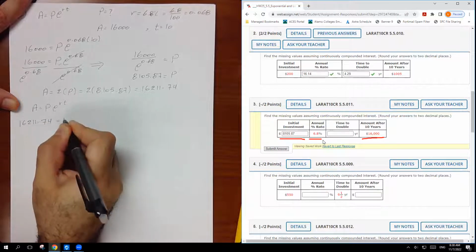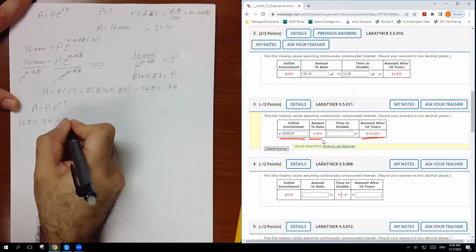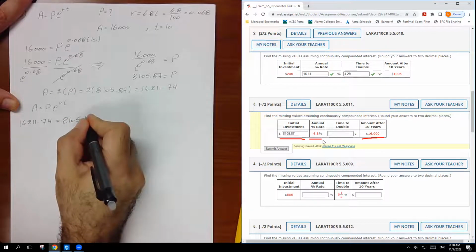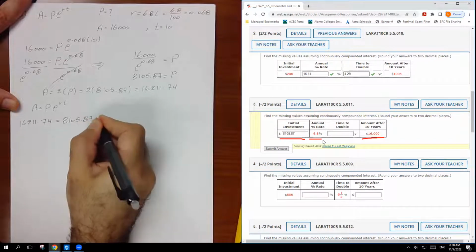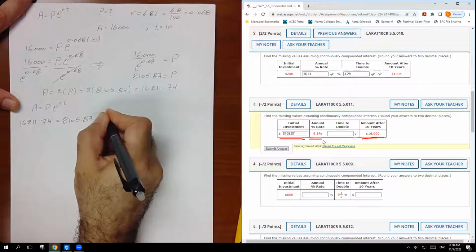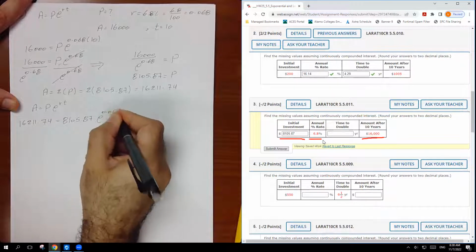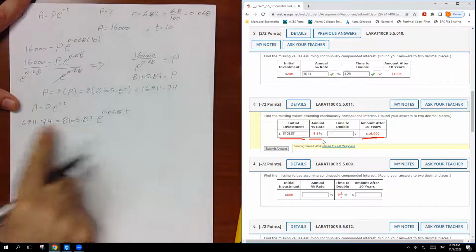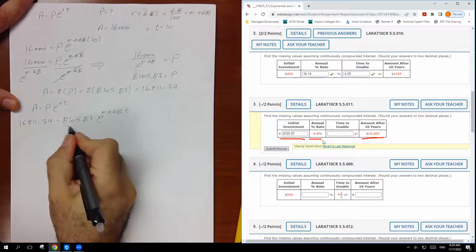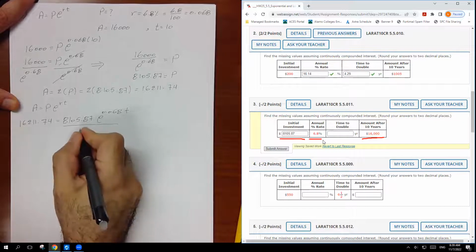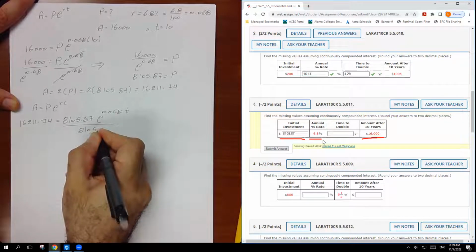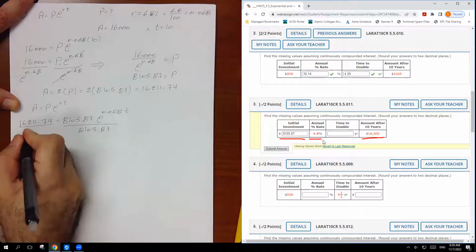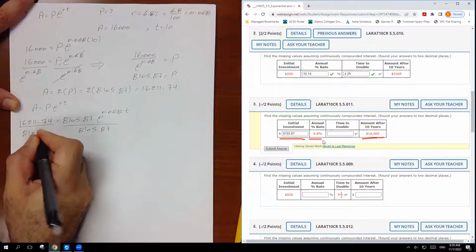Equal the initial, which is 8,105.87, times e to the rate, which is 0.068, and the time here. Now divide both sides by 8,105.87.